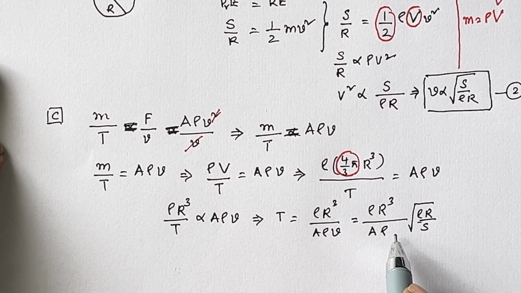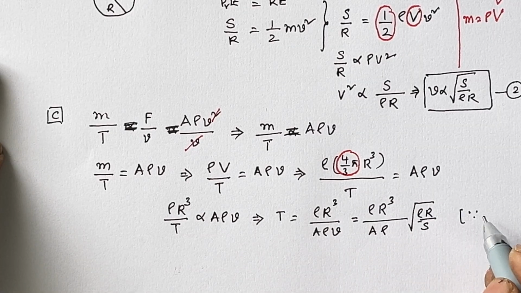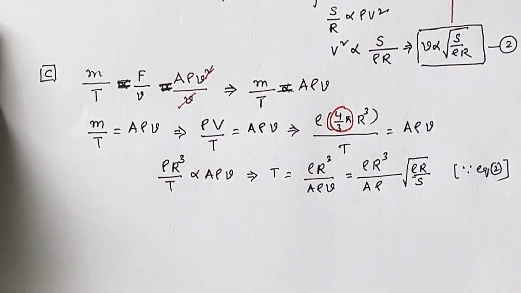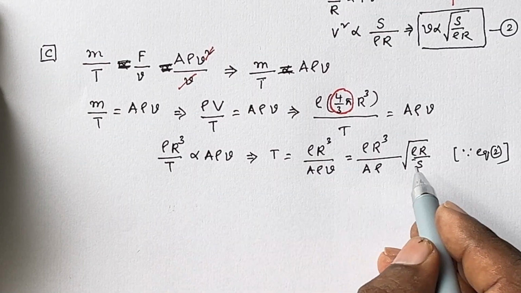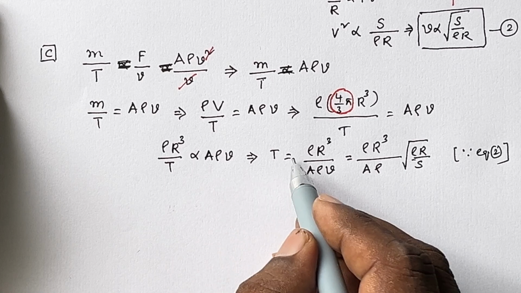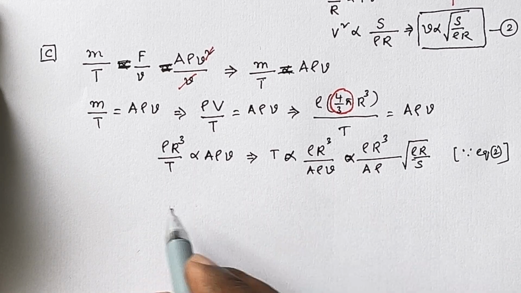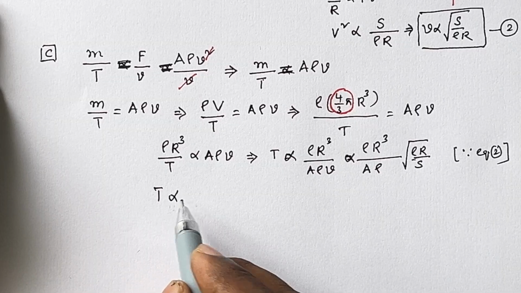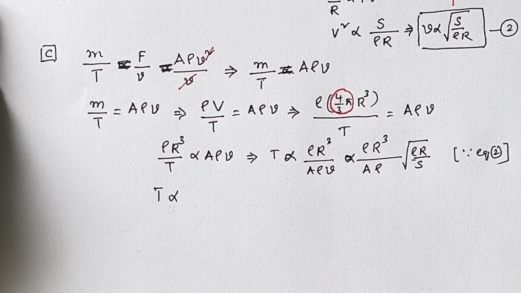Because V is in the denominator, so I have written it inverted, from equation 2. Then T is not wrongly proportional, because we are taking proportional. So T is proportional to this. Here what happens? The rho cancels.